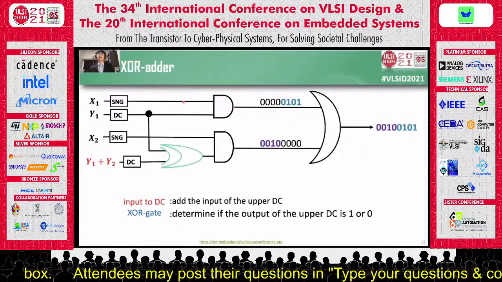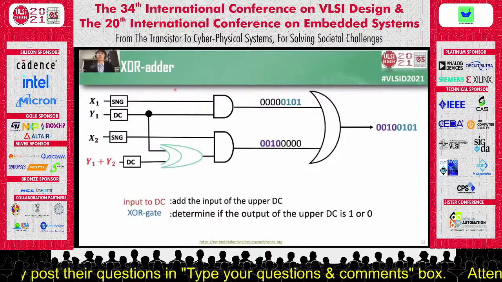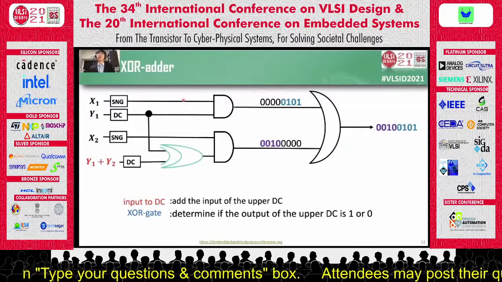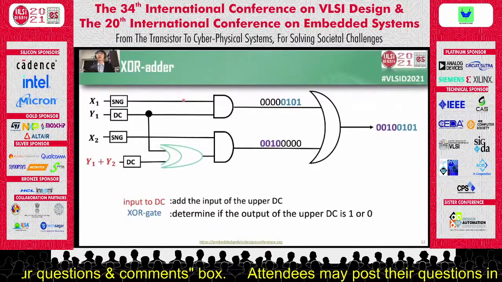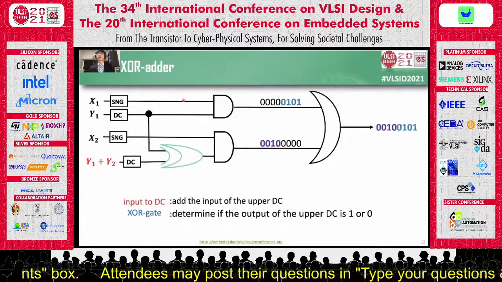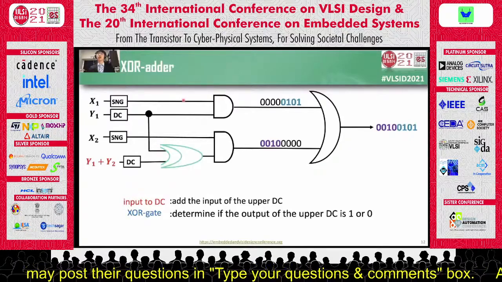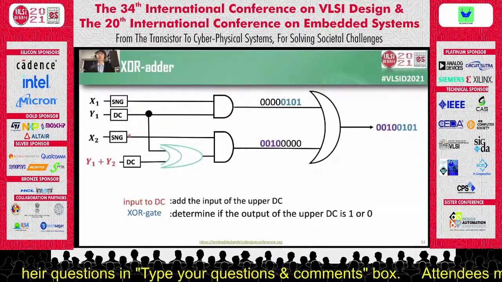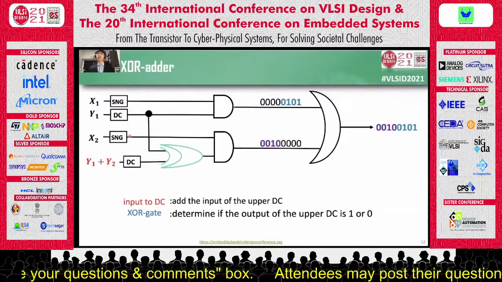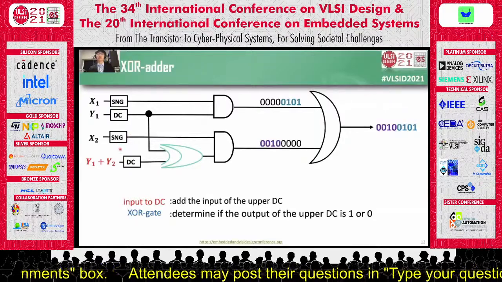Next, I would like to explain another method called the XOR adder. This is a method that requires less hardware cost than the previous SO adder. The SO adder uses a shifter to shift the output of the lower SNMRO by the upper DC value. Like this, we add the value of the upper DC to the original input Y2 before we input it to this XOR adder.